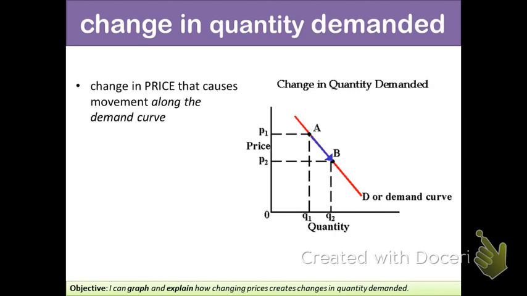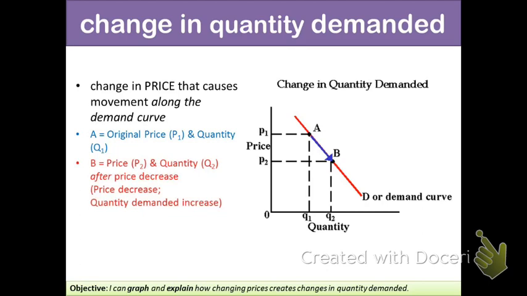And so as price decreases, we hit point B on the curve. And that's at quantity 2. And so what happened is as price decreased, quantity demanded increased from Q1 to Q2. And we show that on the curve by drawing that arrow from A to B. So we went down the curve, which is a quantity demanded increase.